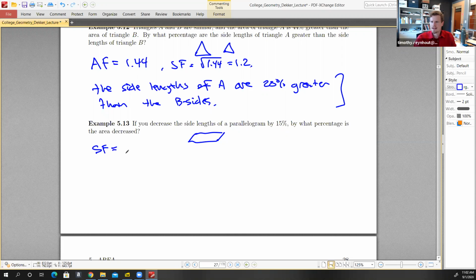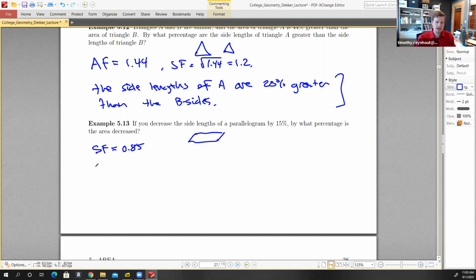And if it's 15% less than it was, that means that it is 85% of what it was. So if we reduce it by 15%, that means it is 85% of what it was. So 0.85 is the scaling factor.